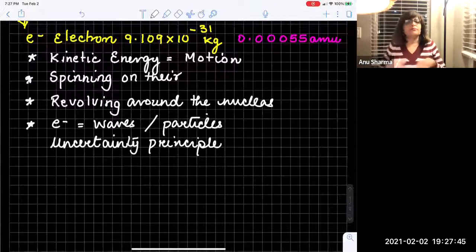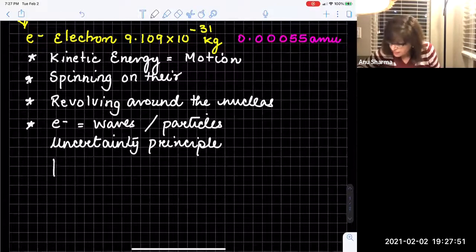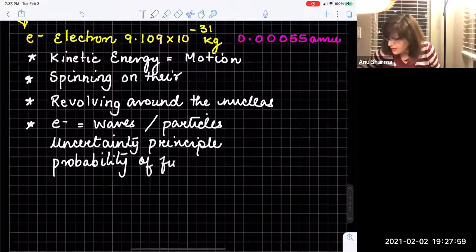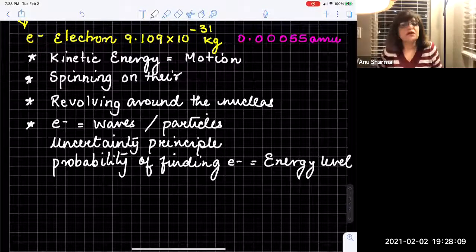We don't know whether they are existing as waves, but we know for sure that the probability of finding the electrons is definitely in the energy levels. So that we are sure.